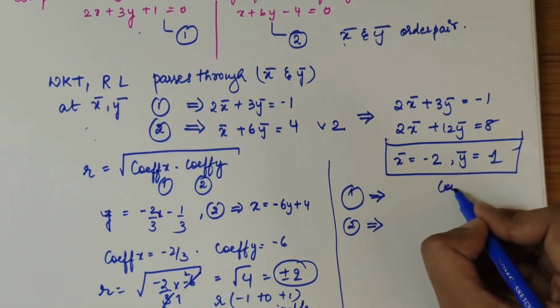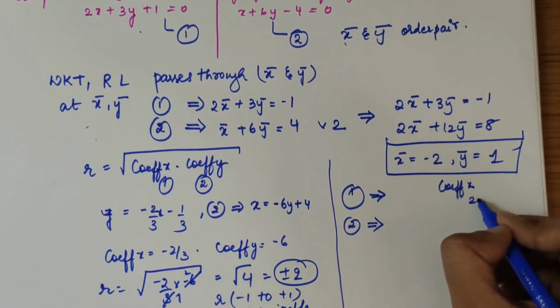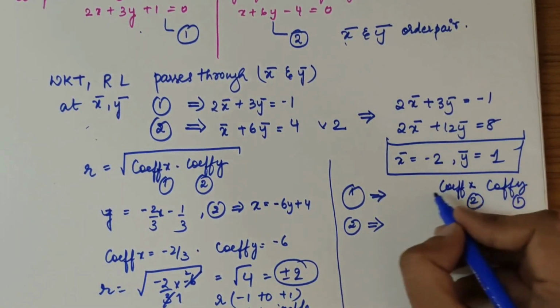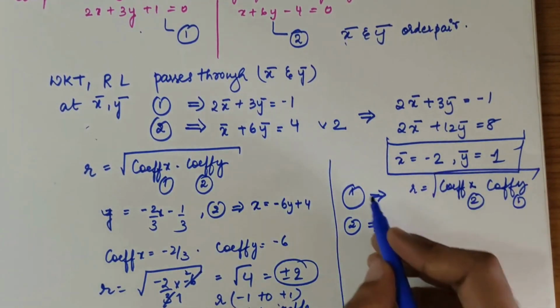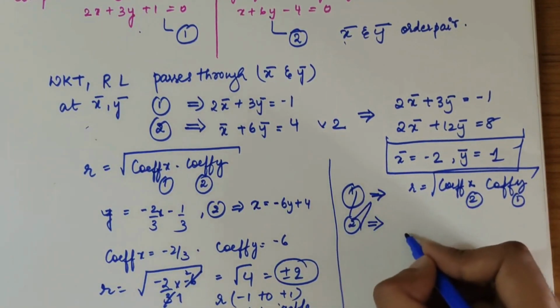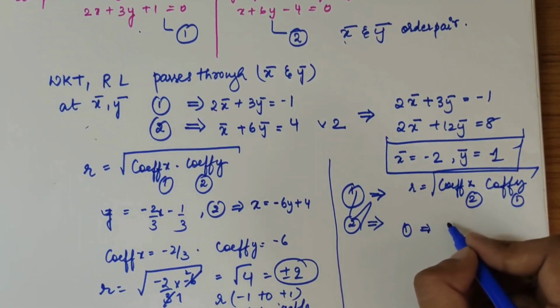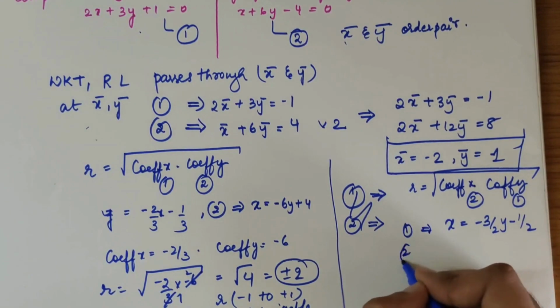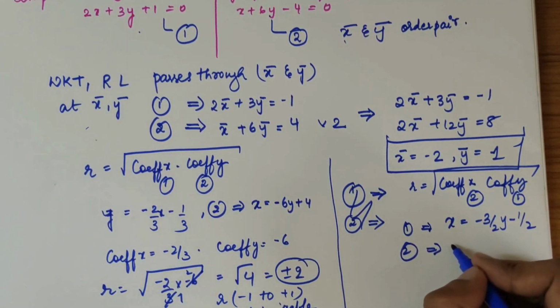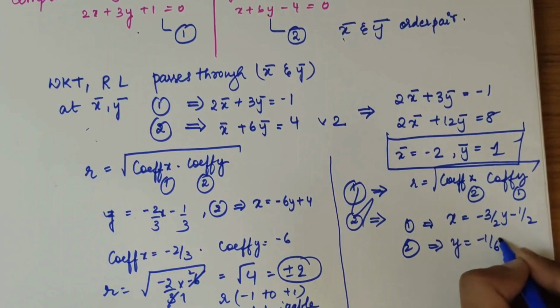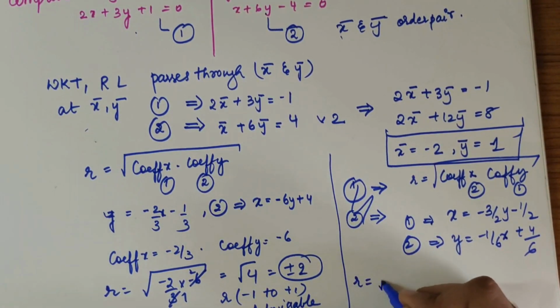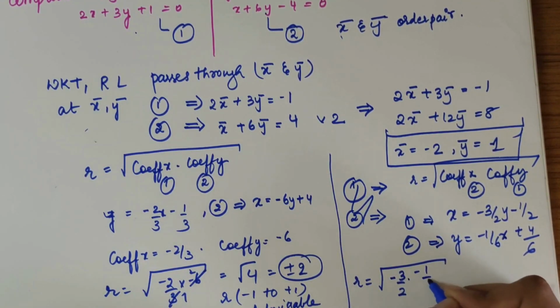From the first equation, if you write it, you'll get x is equal to minus 3 by 2 y minus 1 by 2. And the second equation, if you rewrite, you'll get y is equal to minus 1 by 6x plus 4 by 6. So now r is equal to under root of minus 3 by 2 into minus 1 by 6.